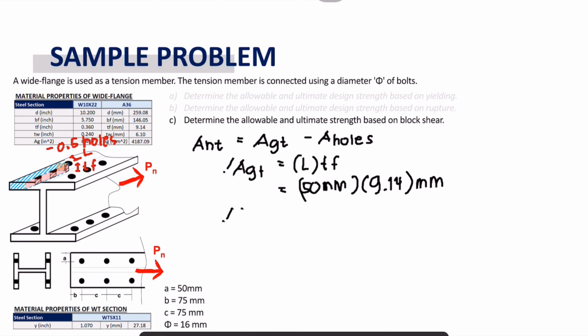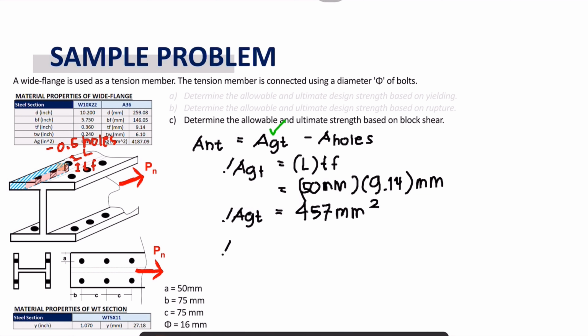Okay, so therefore, our gross area in tension should be equal to, parehas lang, no? 457 mm squared. So, now that we have area gross for tension, it is now time for us to solve for the area of holes.